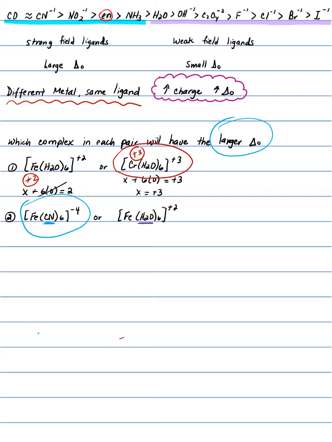CN is further to the left, which means it's stronger than NH3. Okay, it's not just that we can compare strong field ligands with weak field ligands. You can actually compare 2 strong field ligands or 2 weak field ligands. The strength, right, is decreasing as we move from left towards the right side.